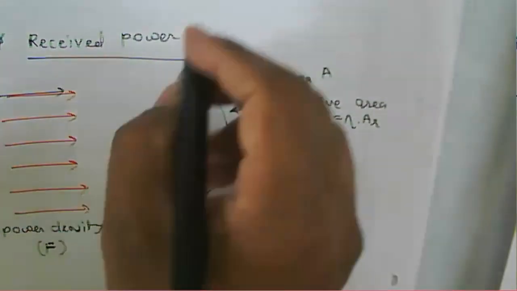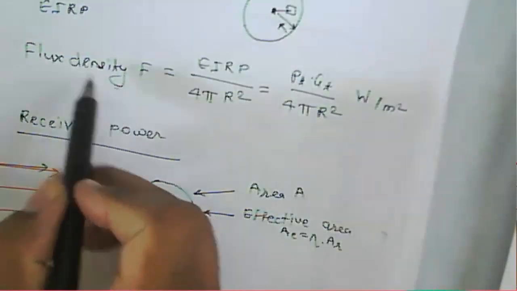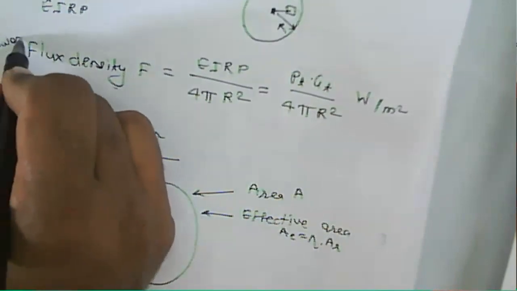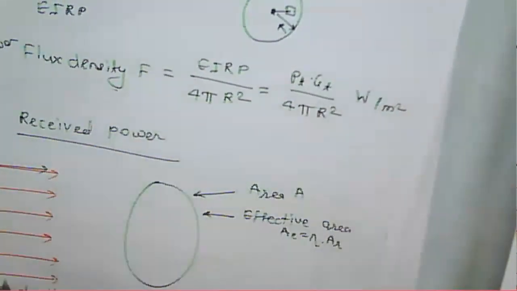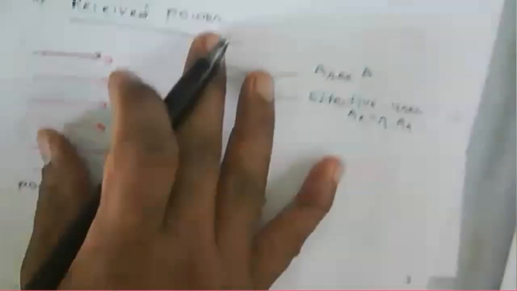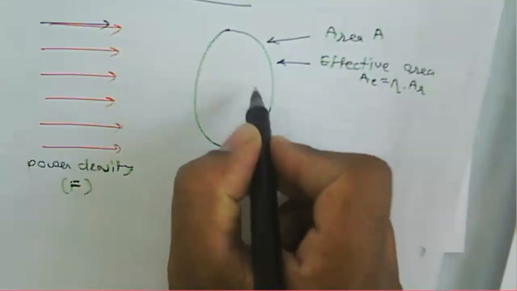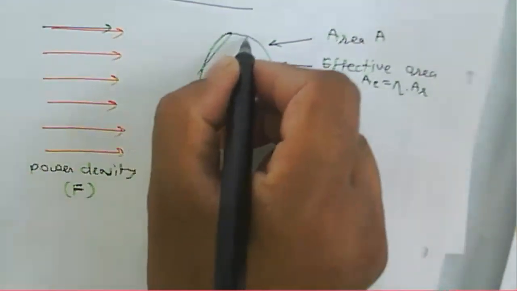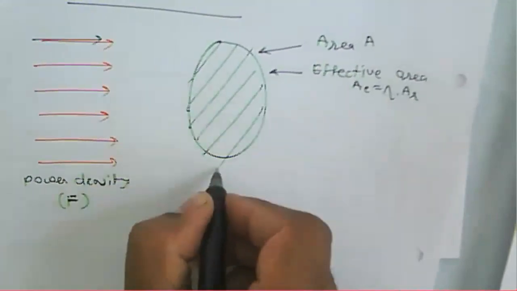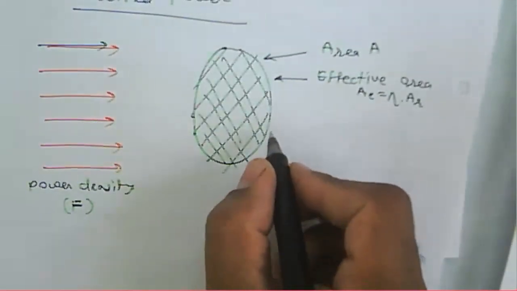This one we can say is power flux density, so we can write power flux density F is equal to PT GT by 4 pi r square, that is about the transmitting power. Now at a receiver, this is the power received by the given antenna; this is the surface of an antenna here.